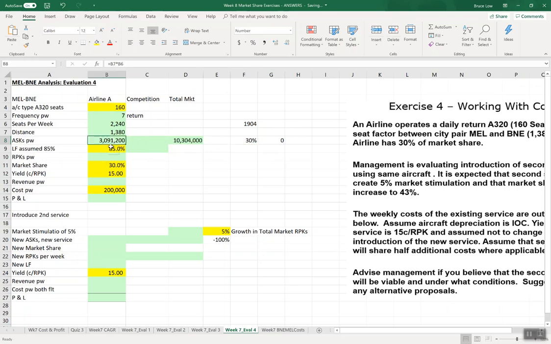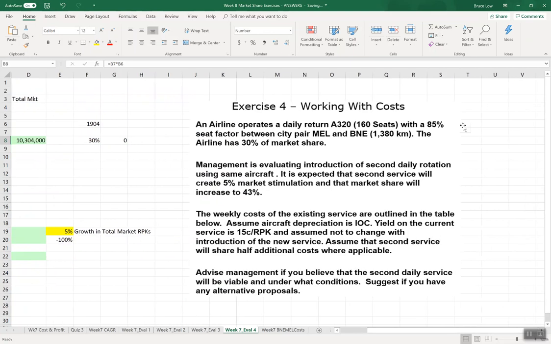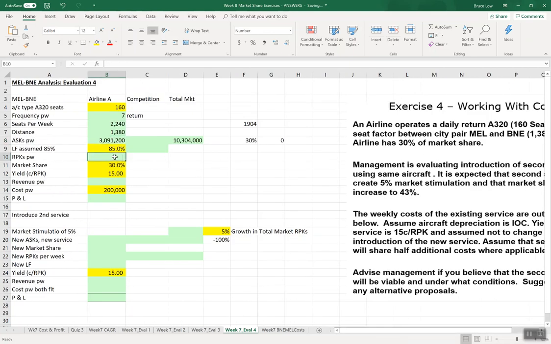So that's your ASKs. We're told in the question that the seat factor is 85%. So we can work out our RPKs per week, which is our ASKs times the seat factor. So these are RPKs. Market share we've talked about.